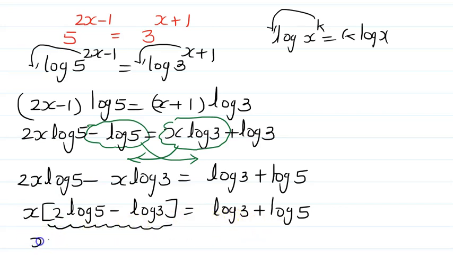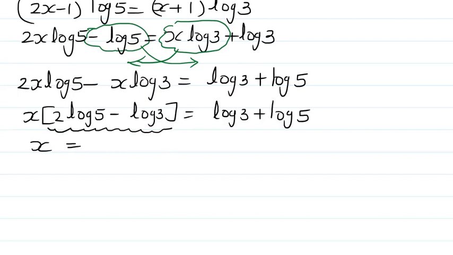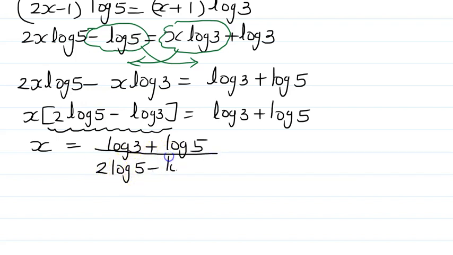Let's divide it. So let me scroll down a little bit. x equal to log 3 plus log 5 divided by 2 log 5 minus log 3. Again you can choose this icon of your calculator and put log 3 plus log 5, and here you put 2 log 5 minus log 3.